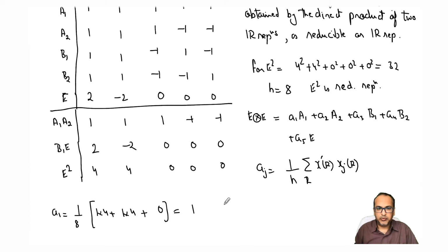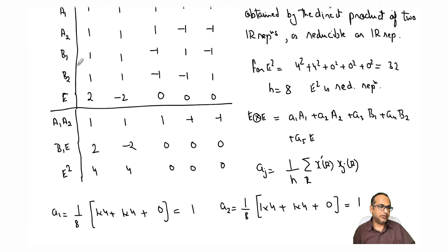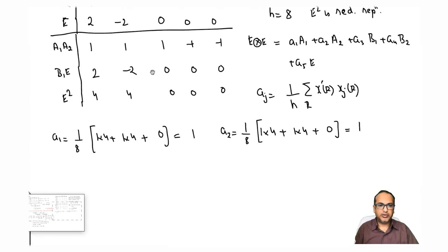Okay. So let's do it for A2. A2 will be 1 over 8, 1 into 4 plus 1 into 4 plus again the rest will be 0. So we will have at least one A2 present. Okay. So let's move forward.